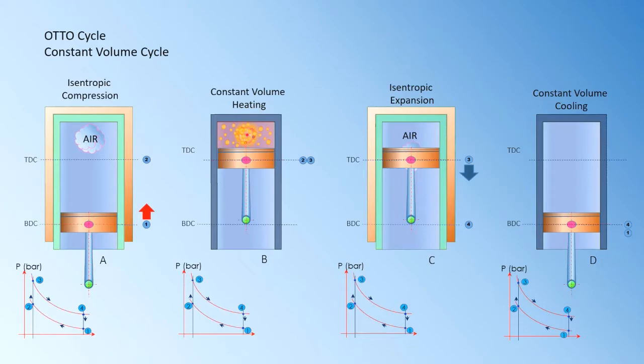Then when it moves from 3 to 4, the gas expands. When it expands, it pushes the piston outwards. So the piston will move from TDC back to BDC, which will generate work that we call work output when the system undergoes an expansion.